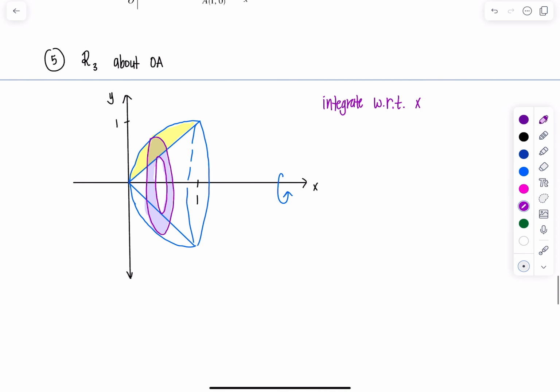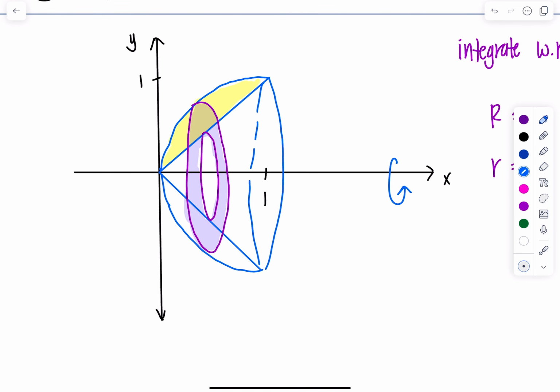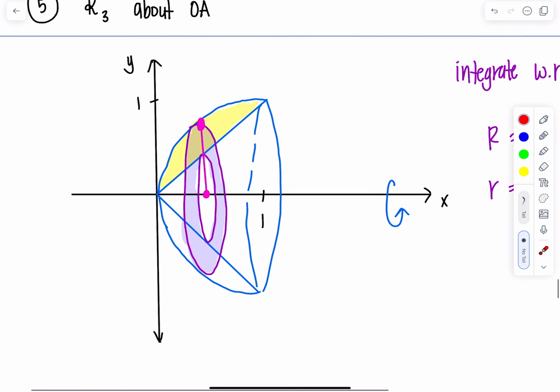Okay, we have an outer radius and an inner radius. Let's identify them. Okay, outer radius from axis of revolution to the edge. Do top minus bottom. Again, I'm going to say top minus bottom. So what's bounding the region on the top, the outer radius on the top?